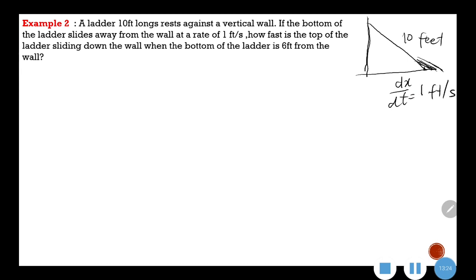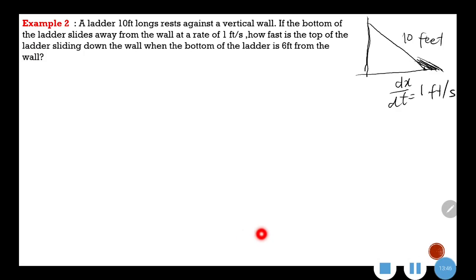It is sliding away at a rate of 1 feet per second. How fast is the top of the ladder sliding down the wall when the bottom of the ladder is 6 feet from the wall?